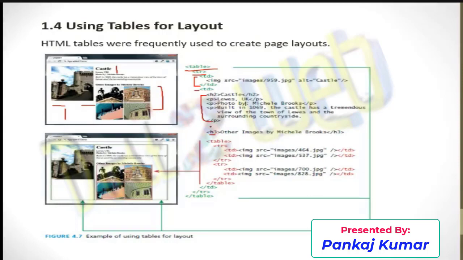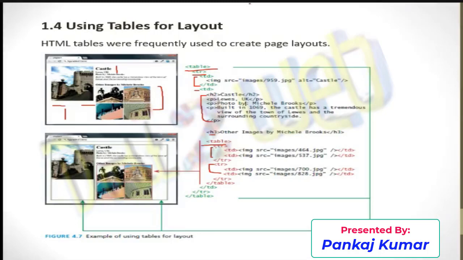Then if you take a look, in this way I'm using another table, using table rows, and you can see here I'm using 2 images in one row and 2 images in another row. This is the way of presenting. So this is the example of using table layouts. You can define it this way as you want.